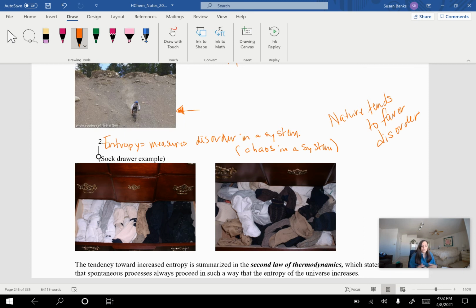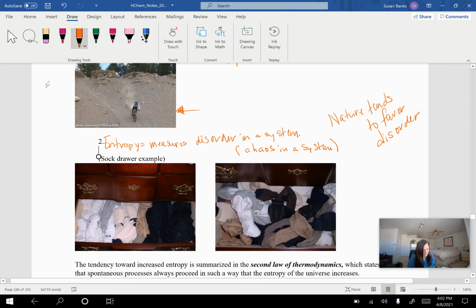So even in the bid to clean up your room and make it orderly, the overall system becomes more disordered, because you created disorder by burning the food that you used to create that energy, to create the order. Okay? So nature always favors disorder.